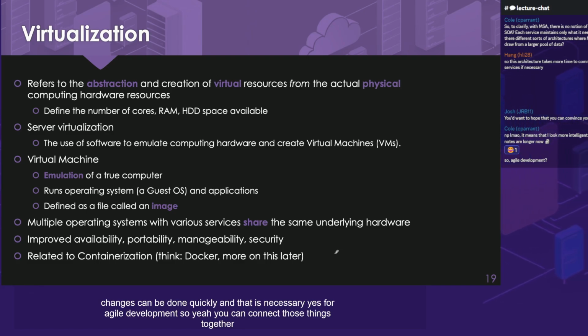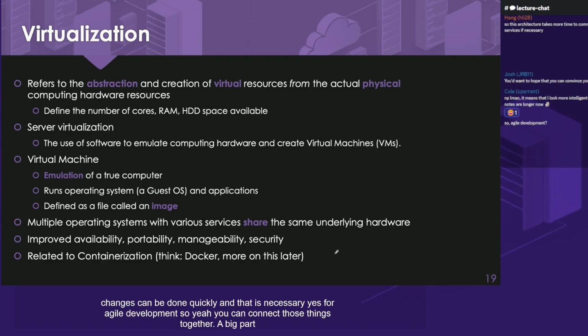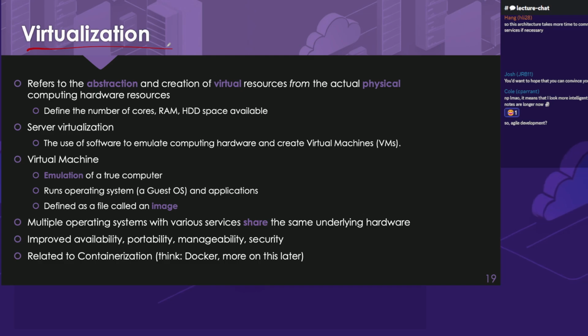A big part of what we just talked about for microservices architecture is the need for lots of different smaller resources. We're not going to talk about scalability today, but we'll keep this topic of virtualization in mind when we revisit it next week. We have all those resources and maybe they're quite small. It doesn't make sense for those to be literal servers, right? Like one entire computer networked to another.